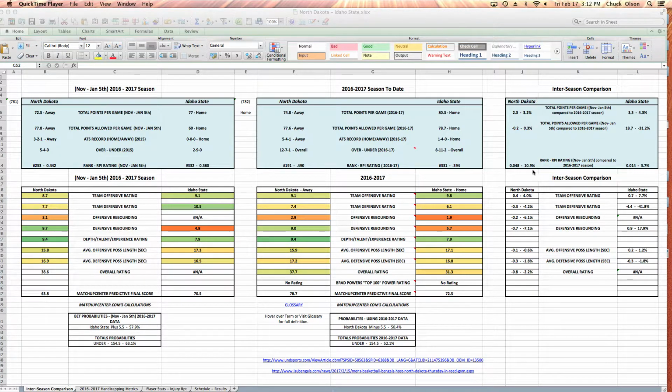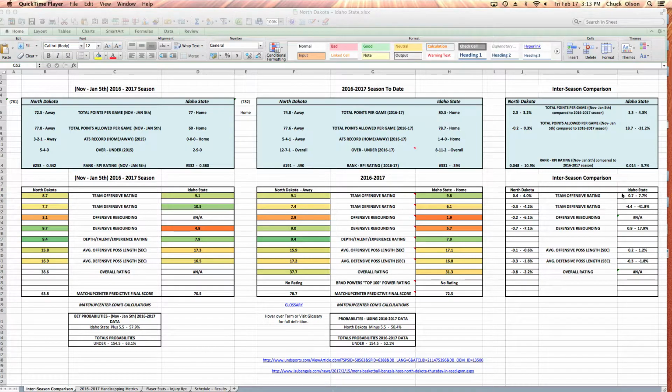And if we look over here, they're actually up 10% over this point in the season. They've moved from the 253 team to 191, showing positive movement. And this team really is about flat, staying in the same place, moving about 3.7%, but still to the positive.